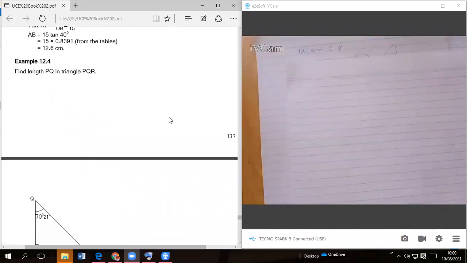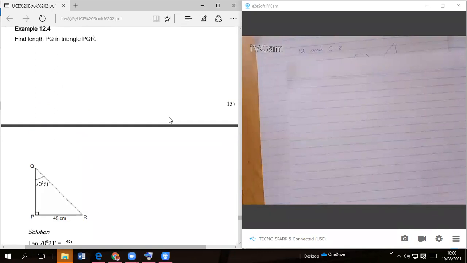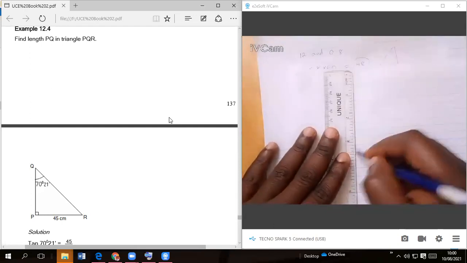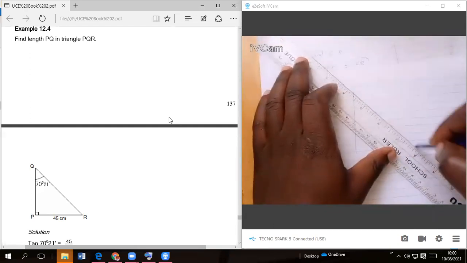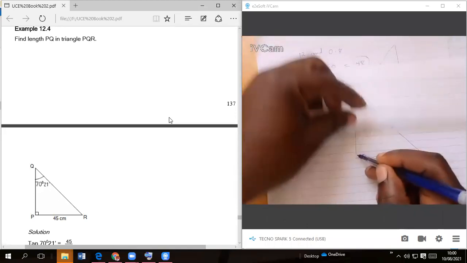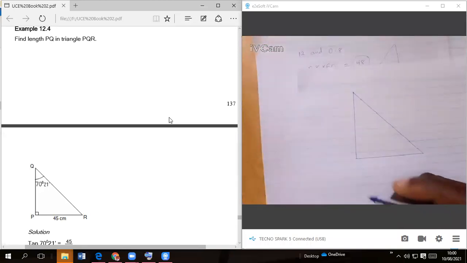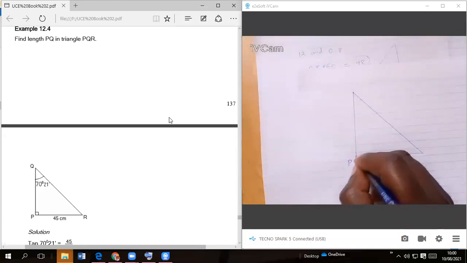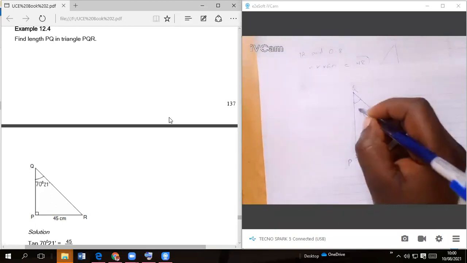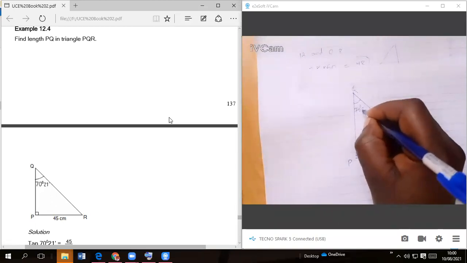12.4. Find the length PQ of the triangle. Cynthia, were you taught? I know you studied, so that's why I'm asking you. Members, did you do trigonometry? Alexandria, did you do trigonometry? Yes.